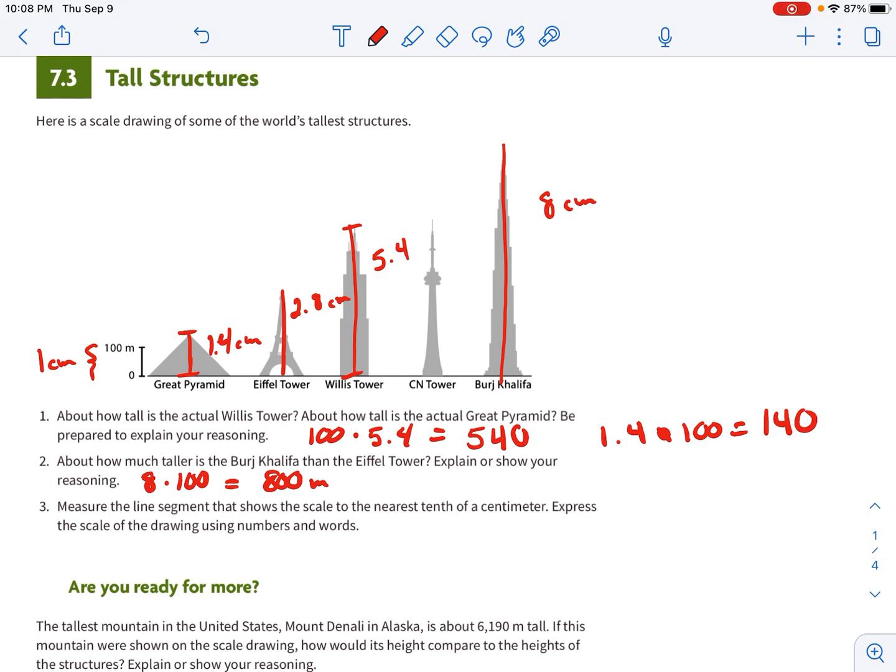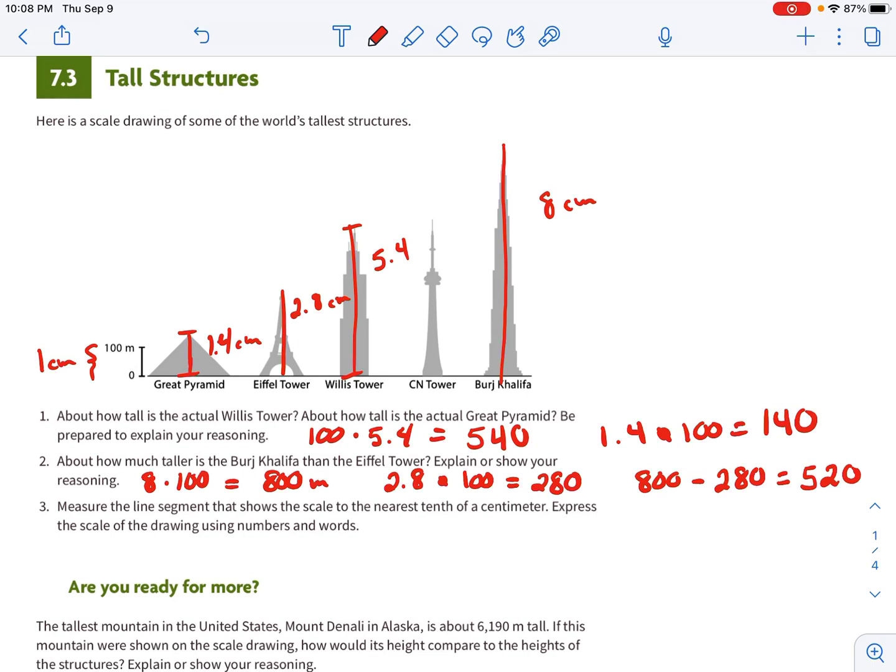We do the same for the Eiffel Tower: 2.8 times 100 equals 280. Now all we need to do is find the difference, which is subtraction. So 800 minus 280 is equal to 520. Now we can tell the difference in the height.